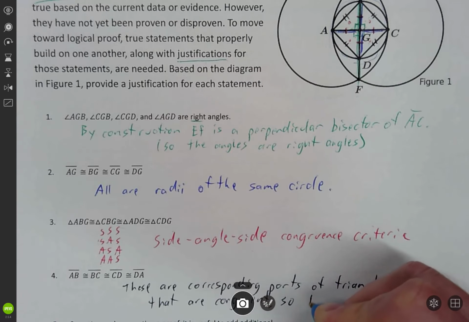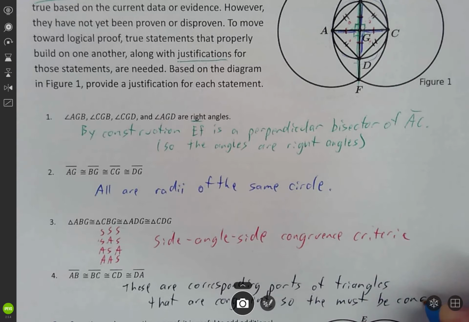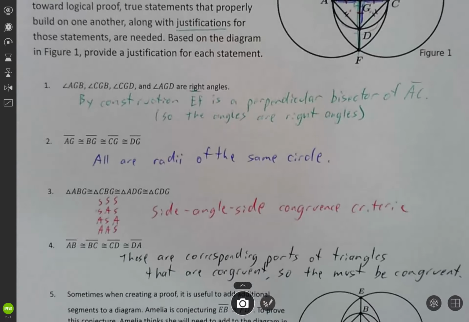So they must be congruent. And that's the magic of proving triangles congruent. You only need 3 pairs of congruent parts, but it proves that all 6 pairs of parts are congruent.